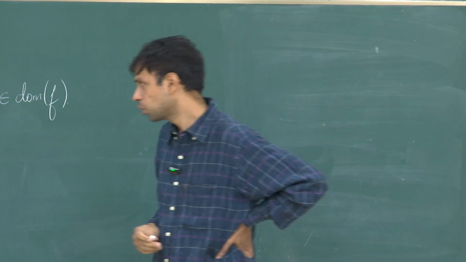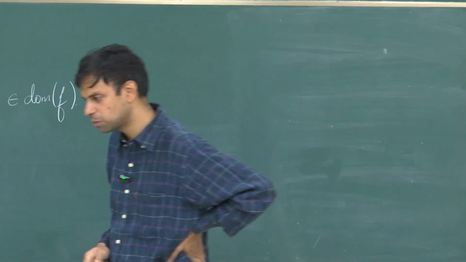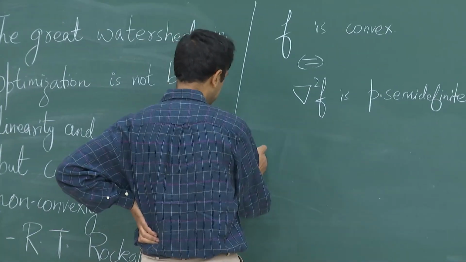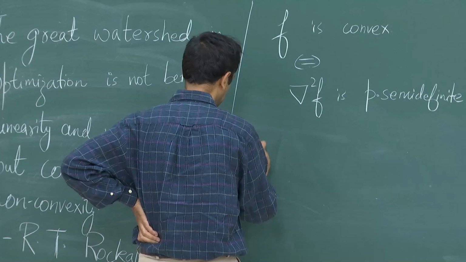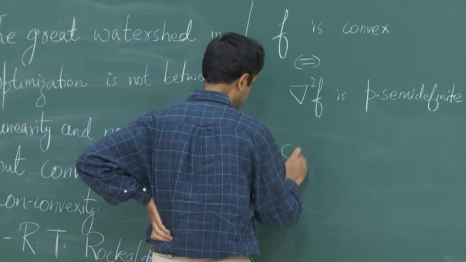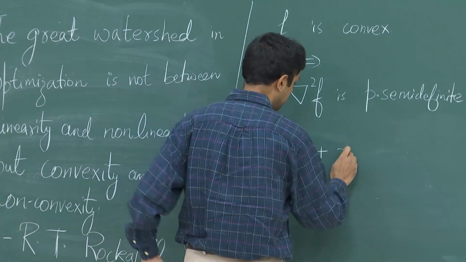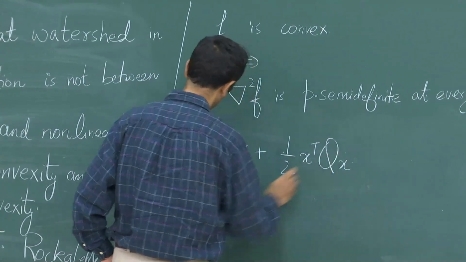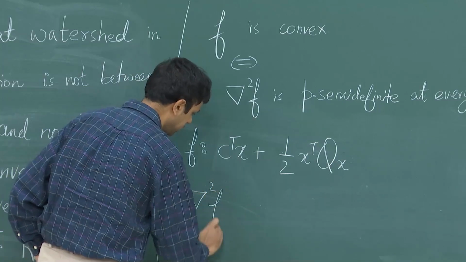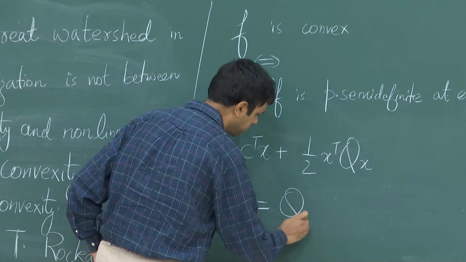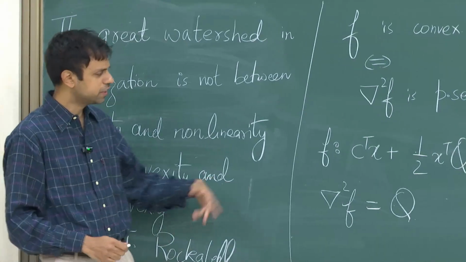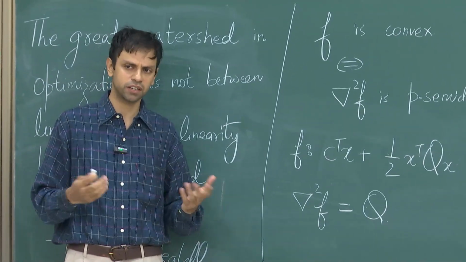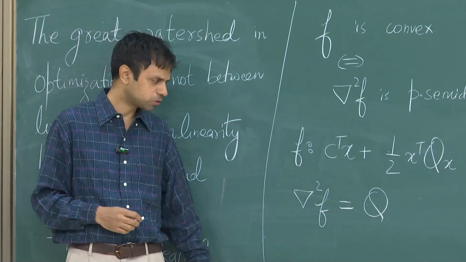So, since we are talking about quadratic functions, let's look at the case where f is of this form: c transpose x plus half x transpose Qx. If I look at the Hessian, this would be your Q matrix, and if it turns out to be positive semi-definite, then we are fine, the function f is convex, okay.